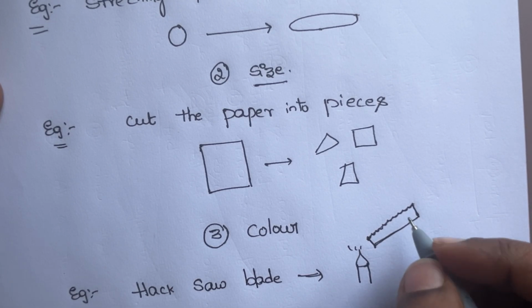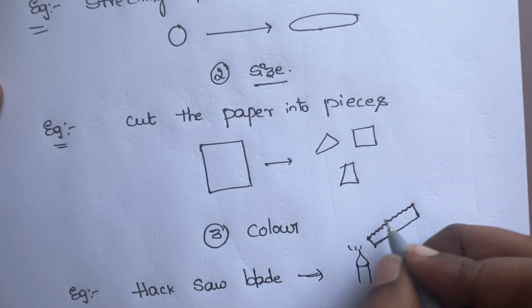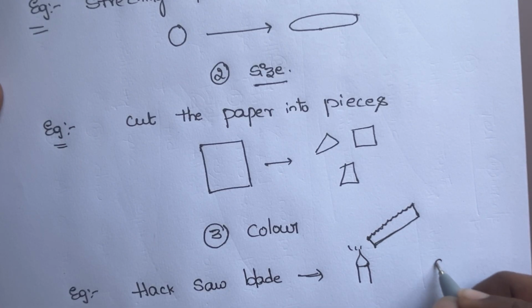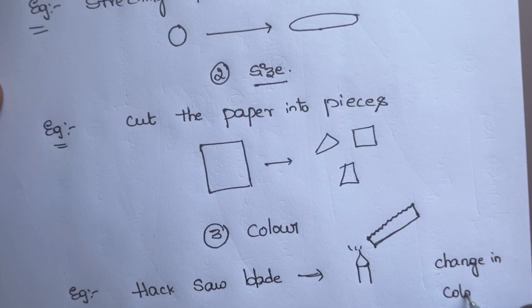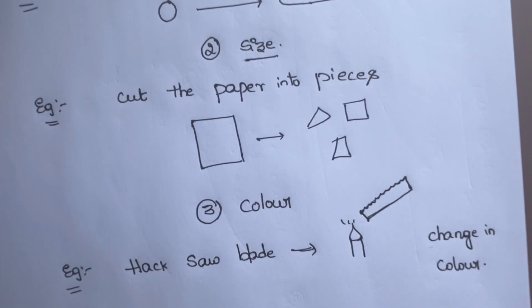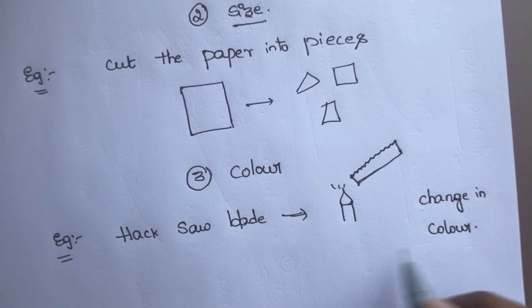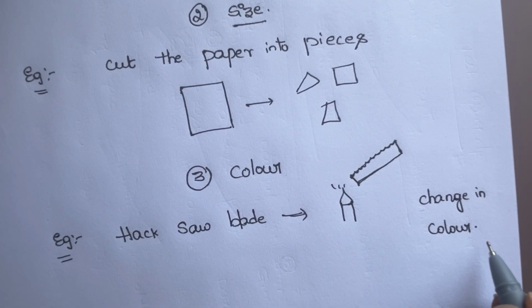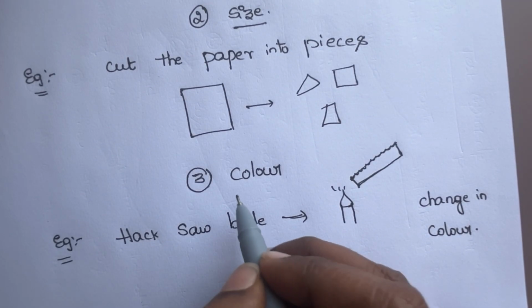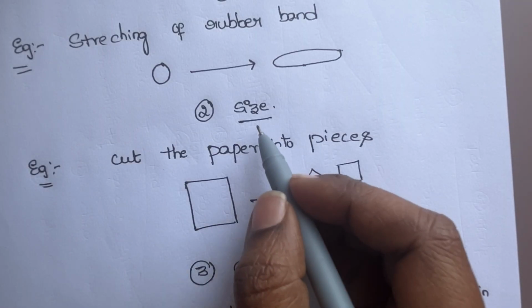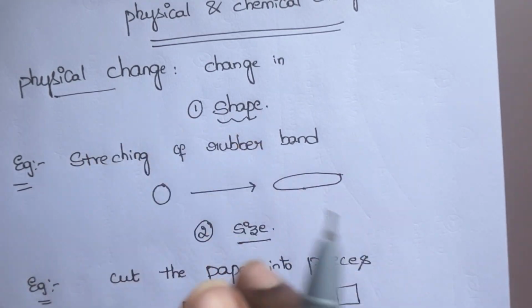If we heat this, then what happened? It will become yellow in color. In this, there is a change in color, but no new substances are formed. This is also one of the physical changes. So all these, change in color, change in size, change in shape, are physical changes.